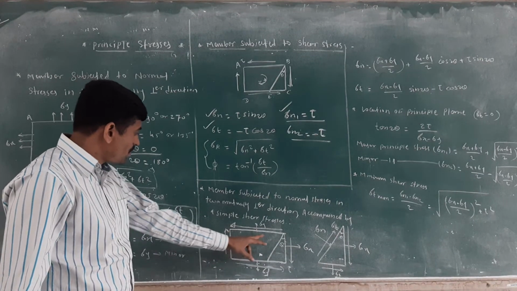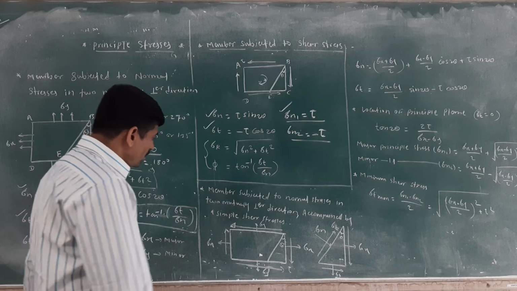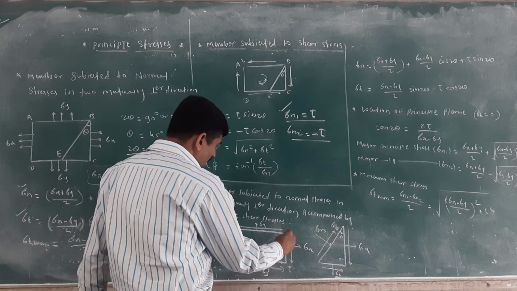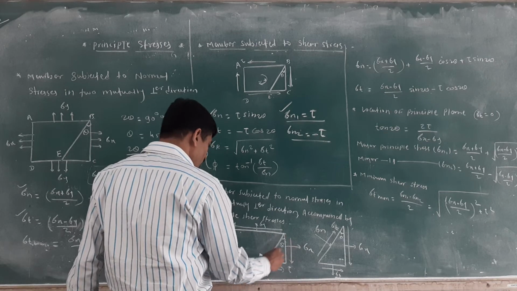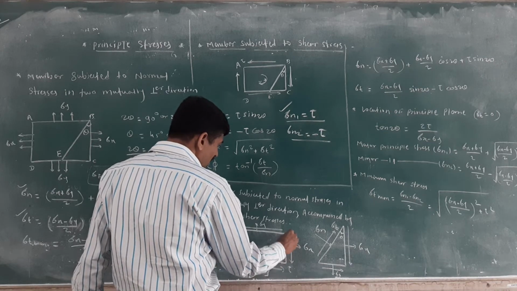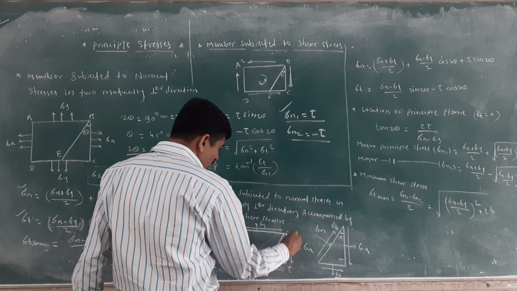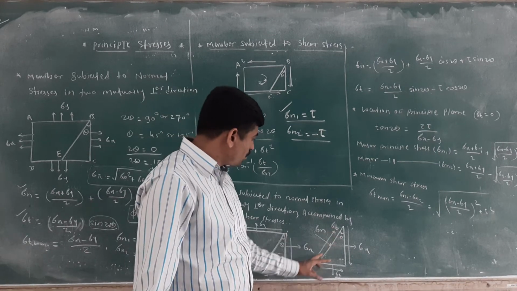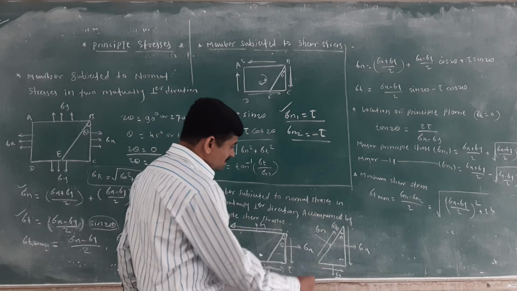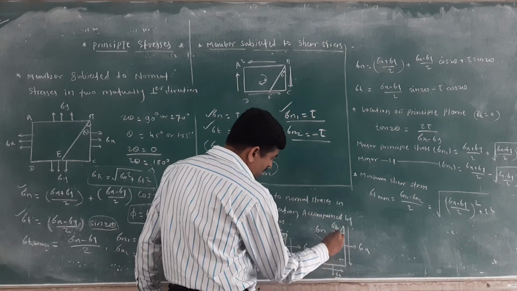Okay, here I have drawn one rectangular block ABCD, and I have considered that the principal plane is BE, making an angle theta with BC. Okay, then see how to add this tangential stress on this principal plane.